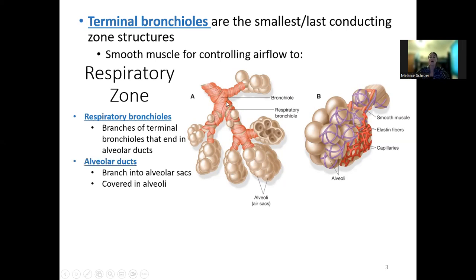From the respiratory bronchioles, we have one final set of branches, and these are called the alveolar ducts. These are tiny passages that end with at least two alveoli. Again, the alveolar ducts deliver air to at least two alveoli.